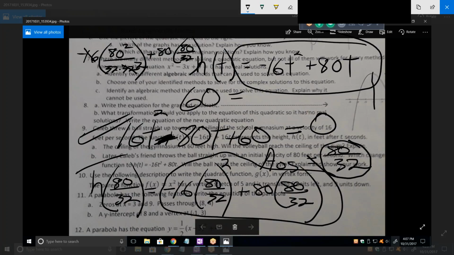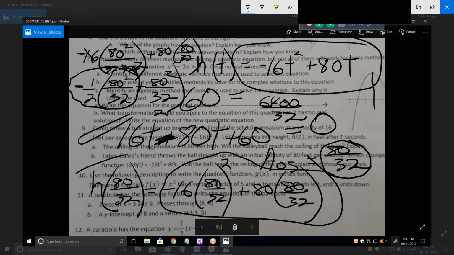So if I put a 2 outside, it's minus 1/2 times 80 squared over 32 plus 80 squared over 32. That is 6,400 over 32, but this one is being multiplied by minus 1/2, so it's half of 80 squared over 32, which is 6,400 over 64. That's exactly 100 feet. The height of the vertex is 100 feet.